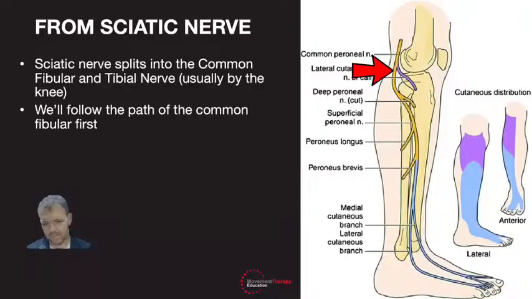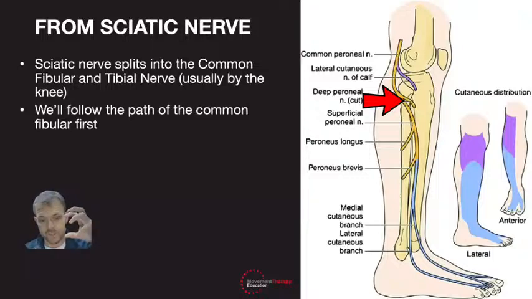So as it comes down past the knee, around the fibular head, it then splits into the deep and superficial, and then you've got two different origins within that nerve as well. So some of the nerve fibers will come from, or go to, sorry, the sensory part of the nerve root.